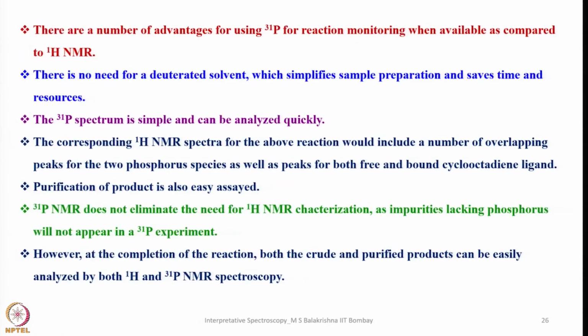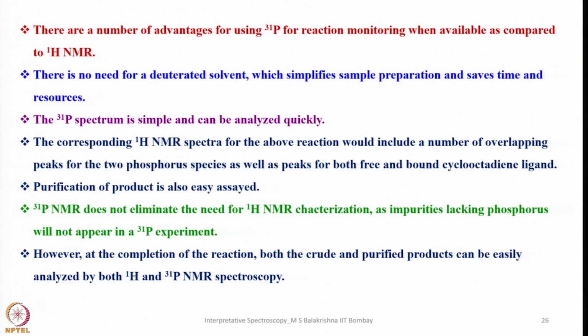Okay, so now there are a number of advantages for using 31P NMR for reaction monitoring when available as compared to 1H NMR. It's very simple. You saw with several examples how simple it is to use phosphorus NMR as a tool to understand the type of reaction we are doing and how to change the course of the reaction. Another advantage with phosphorus NMR spectroscopy is we don't need a deuterated solvent, which simplifies the sample preparation and saves time and resources.